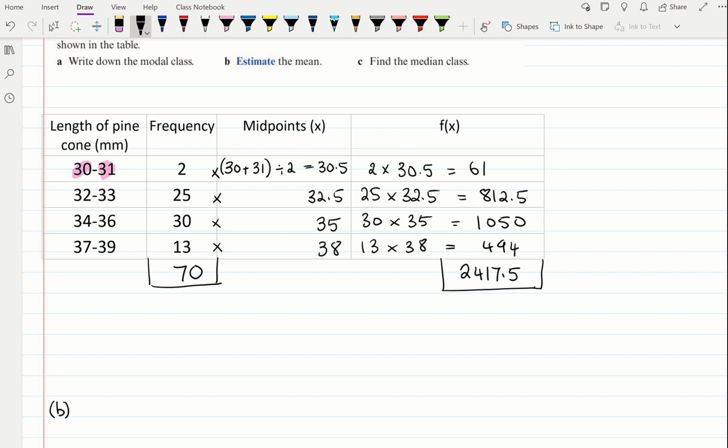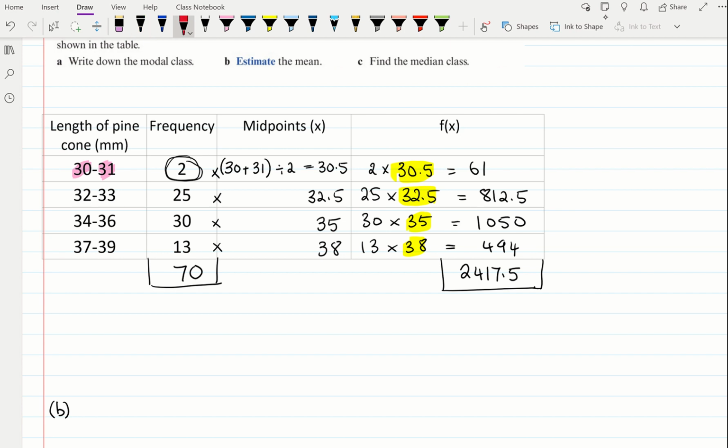And to find, it says an estimate for the mean. It's an estimate because we don't actually know whether these two pine cones are both 30 millimeters or both 31, or one of them is 31, or one of them is 30, or one of them is 30.5. We don't know. So we've estimated because we've used midpoint values. So why is it an estimate?